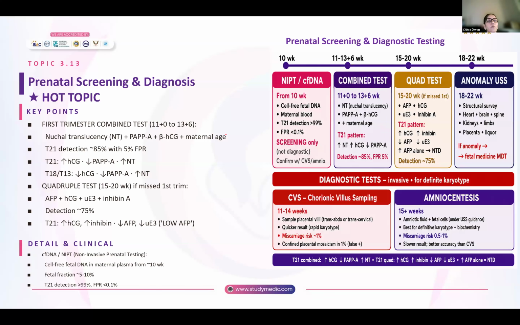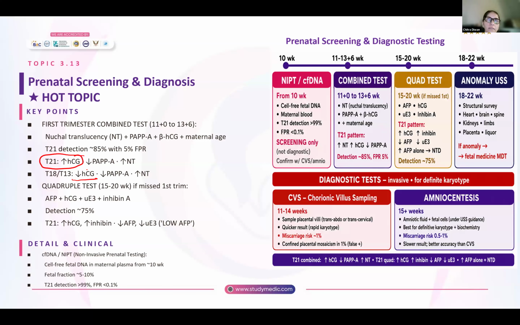Now for trisomy 13 and 18, again nuchal translucency is increased, but HCG is decreased, and also PAPP-A is decreased. So please remember, for Down's, HCG is increased, whereas for trisomy 18 and 13, HCG is decreased. And PAPP-A is decreased for both. Nuchal translucency is again increased for both.